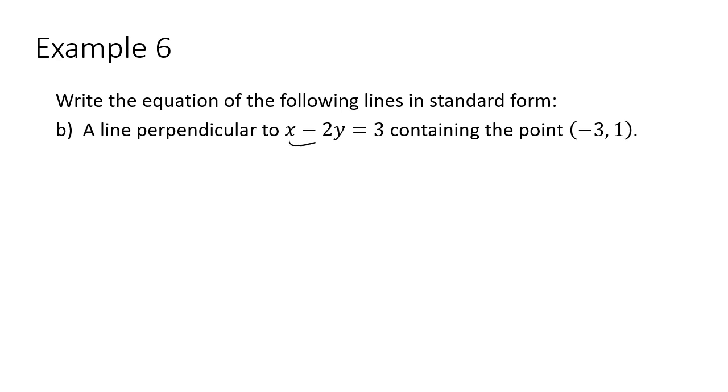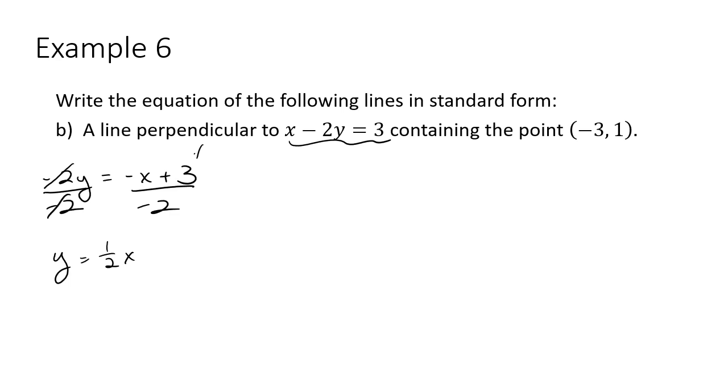All right, so again, we're going to use this line purely to find the slope. If I solve this for y, if I subtract the x over to the right, divide by -2. All right, so for the x, we would have -1 over -2, or a positive 1/2 x.